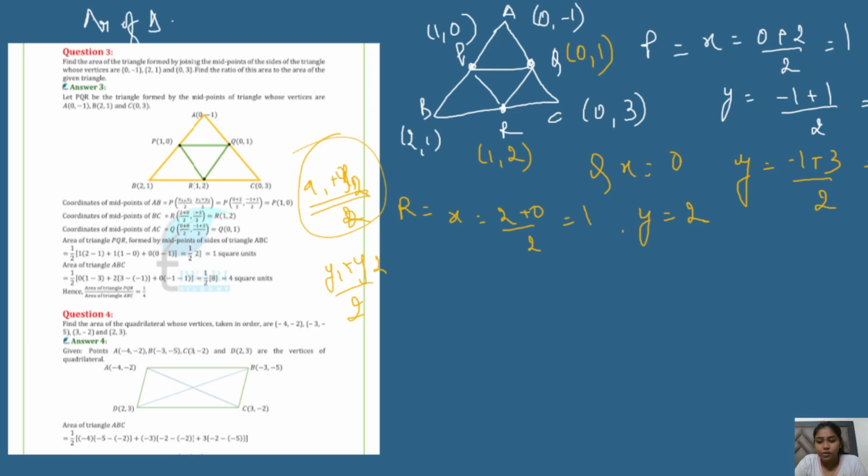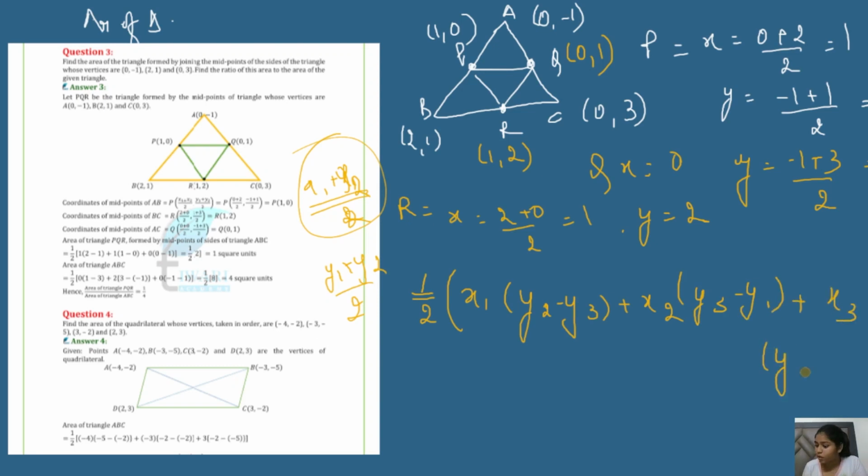So here I am writing the formula for calculating the area of the triangle when the coordinates are given. So it is half into x1, now (y2 minus y3) plus x2, now what we are writing is (y3 minus y1), and plus x3 (y1 minus y2).